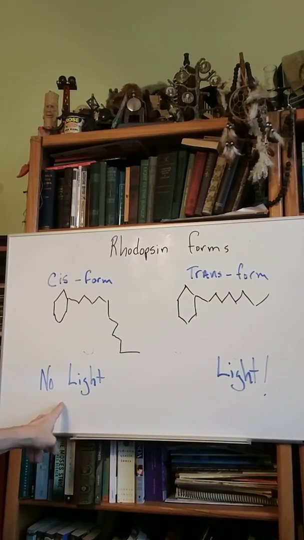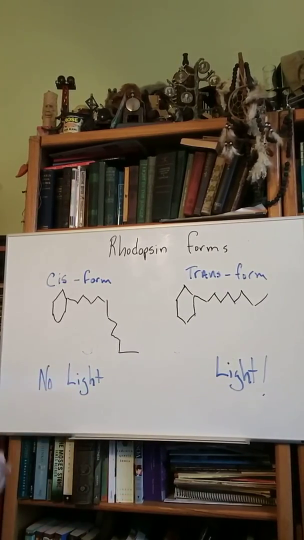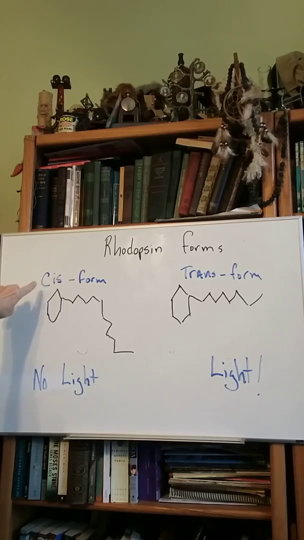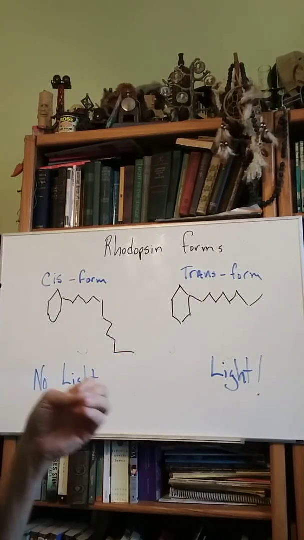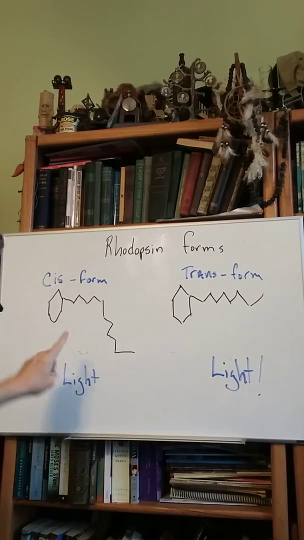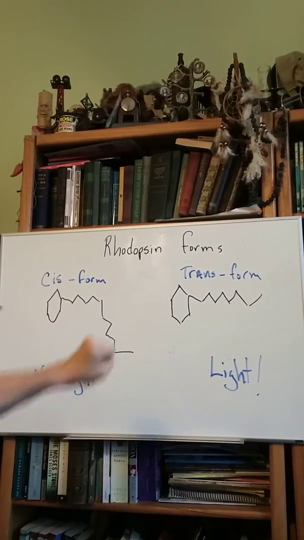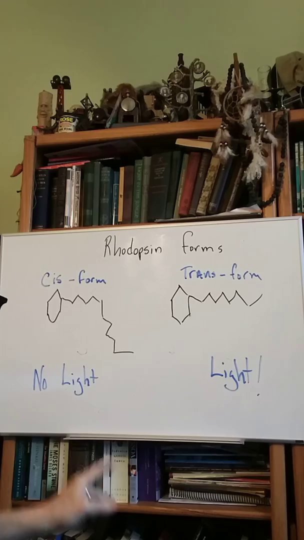So if you notice down here, I say no light. If there's no light, the rhodopsin has this bent form, and this bent form is called the cis form. Now, when it absorbs light, this bend in the shape of the molecule disappears.